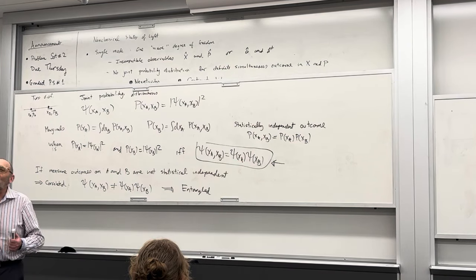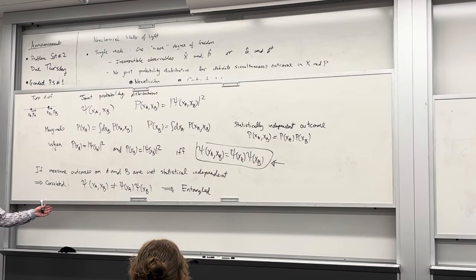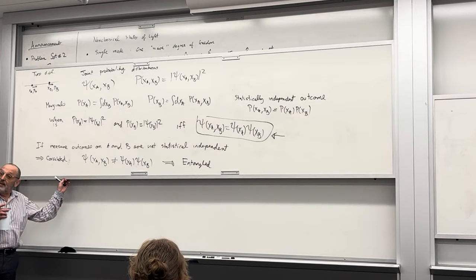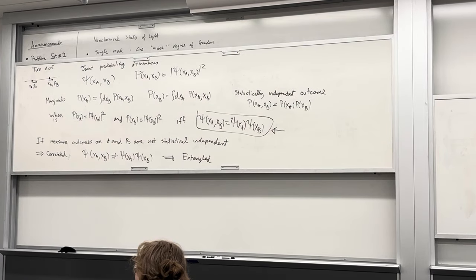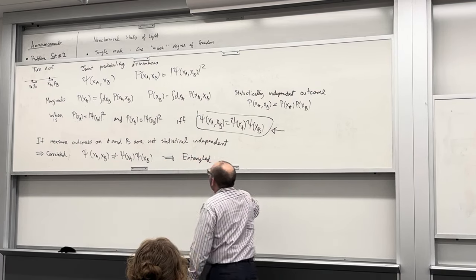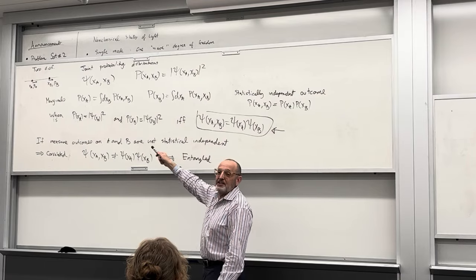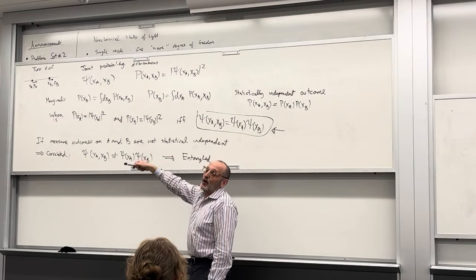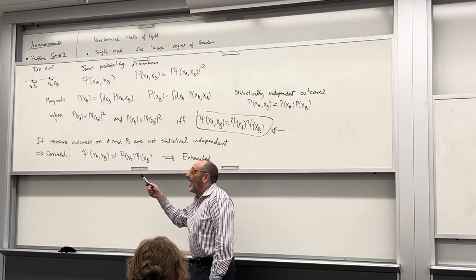But as we know, and I'm sure you've seen, there's more to it than this. But it's kind of interesting that, assuming this is true, there's this intimate relationship between correlated or not and a product state or not.